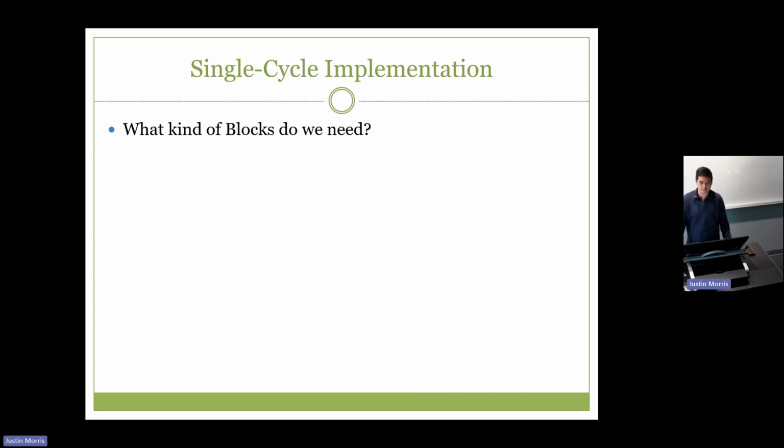Some way to access memory. Anything else? The control. Yeah, we do need control. So control is going to do things like decode the instruction for us, right? Need a program counter, right? What about for branching? What do I use?